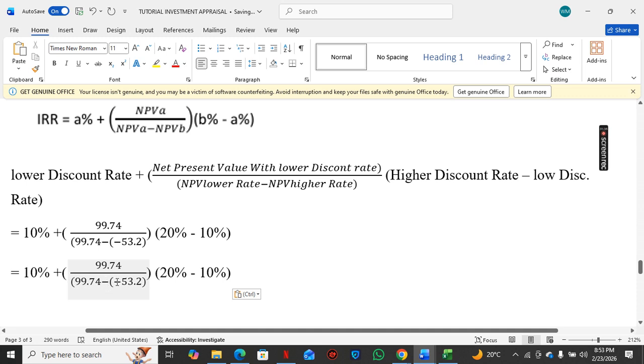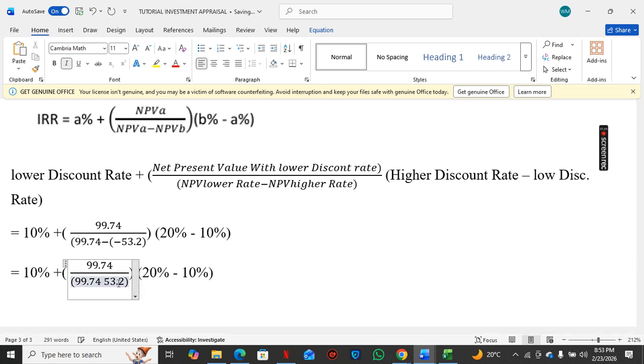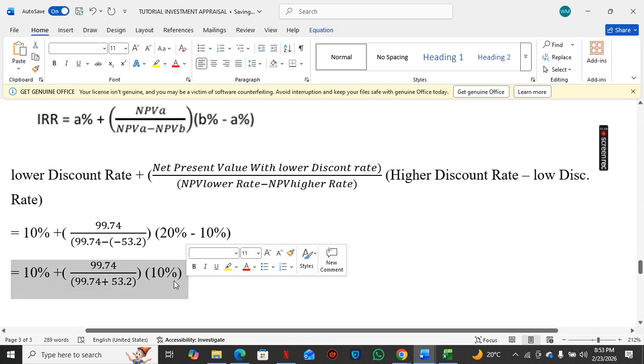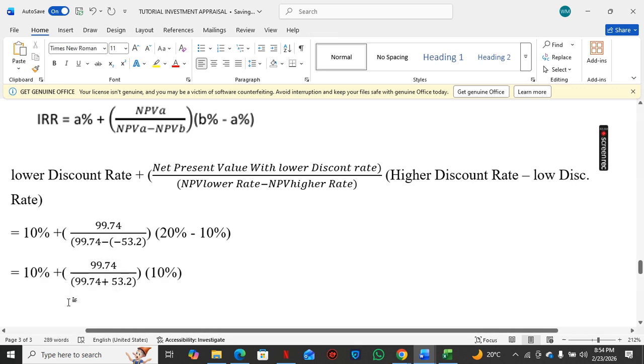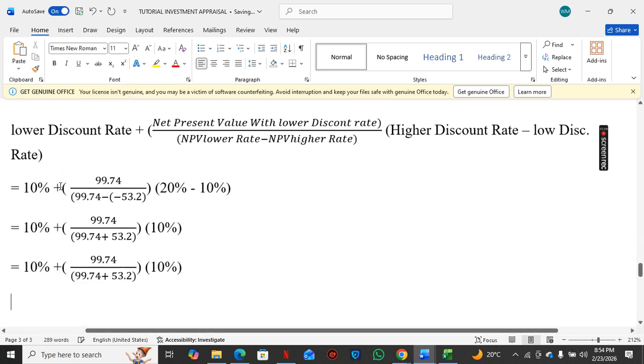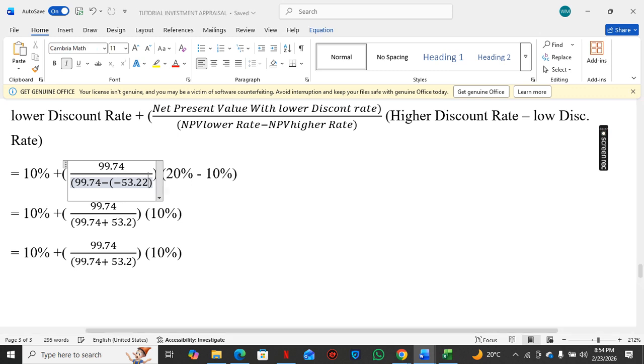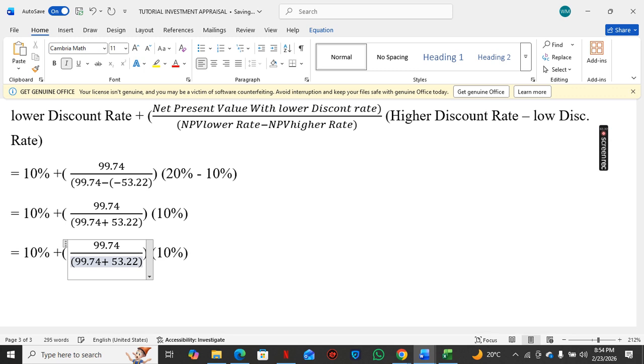So 99.74 minus negative 53.2, remember, negative and negative make positive, so it becomes 99.74 plus 53.2. 20% minus 10%, 10%. 99.74 plus 53.22, 152.96.